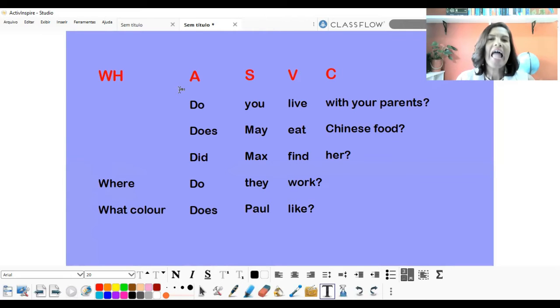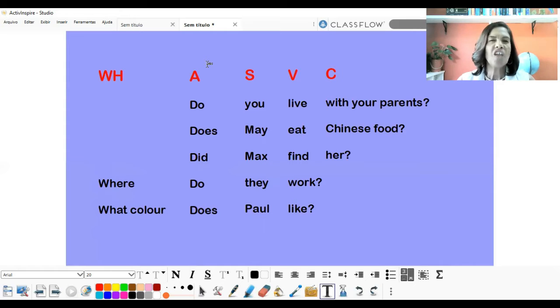Okay, guys? Every question starting with an auxiliary is a yes or no question. And why it's important for us to differentiate a yes or no from an information question. It is because the intonation is completely different. Okay? I'm going to show you here.